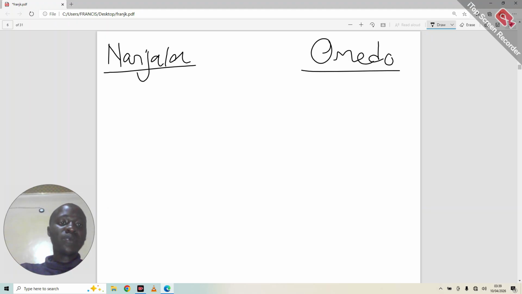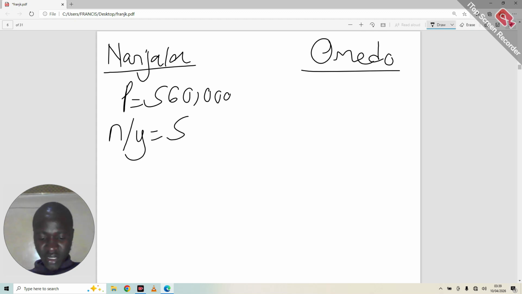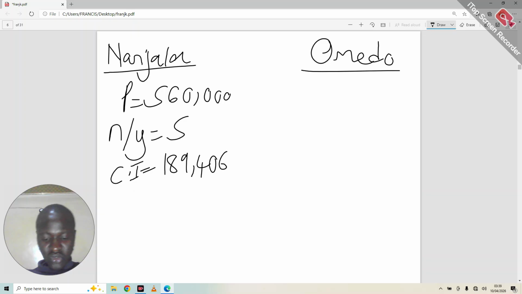So we have the principal, 560,000 shillings, and n, the number of years, to be 5 years. And under compound interest, we have a compound interest of what, guys? 189,406.